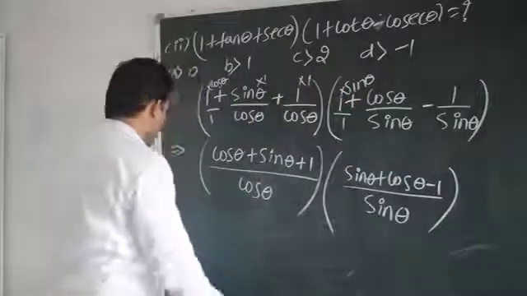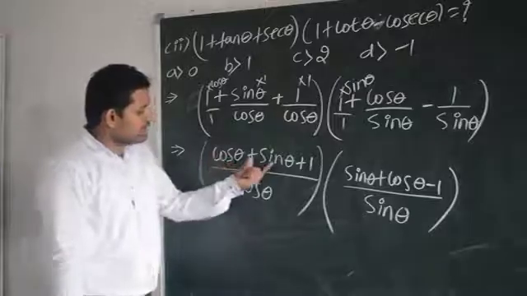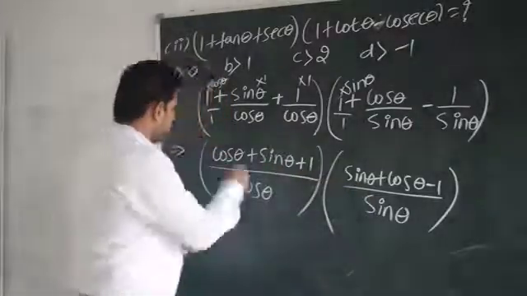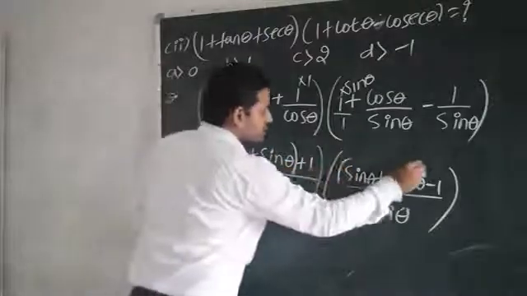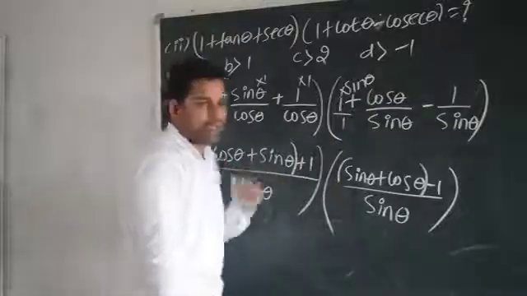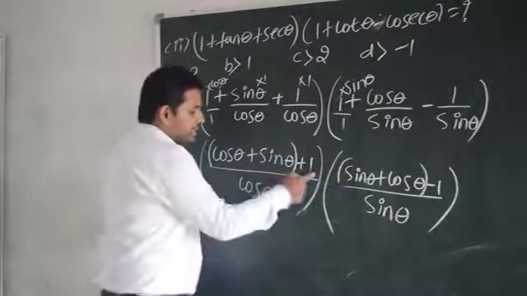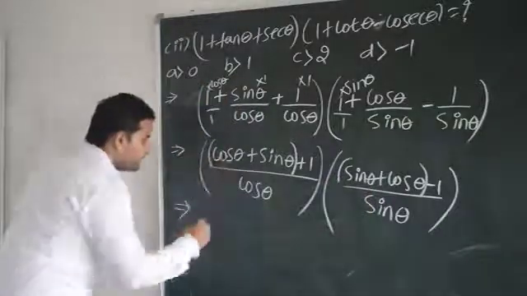Now can you see a pattern here? Cos theta plus sin theta, and sin theta plus cos theta, both are the same. They are similar terms. Something like A and A, both are same, in the form A plus B into A minus B. Can I write it like this?